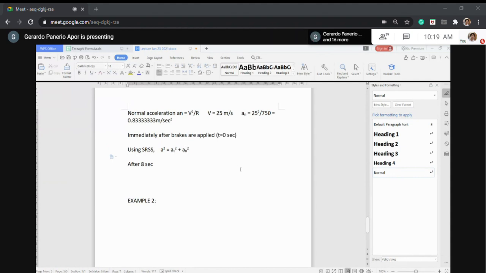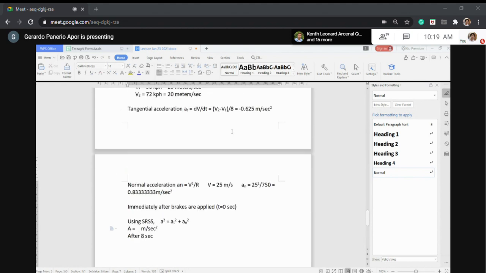So we have a equal to, in meter per second squared, we square 0.833, plus negative 0.625 squared. This is negative, but if you square the negative 0.625, the negative will become positive.